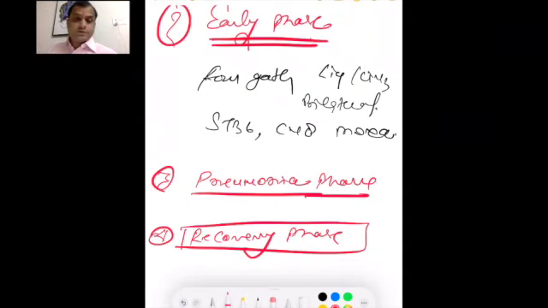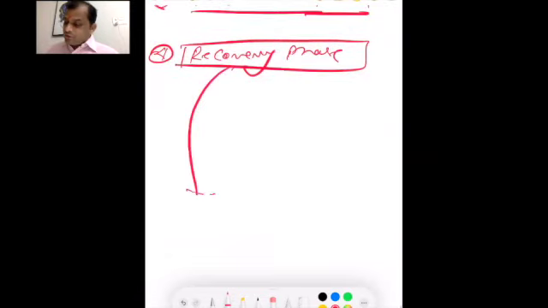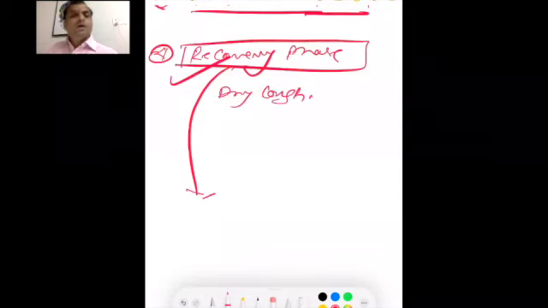There may be lots of things. But the patient is suffering with lots of problems in this recovery phase also, like dry cough.